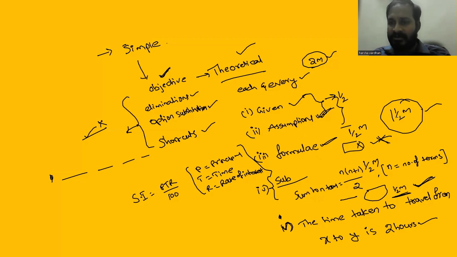Right? So there is a lot of difference between the objective and theoretical. So the students who are already prepared for the staff selection commissions, railway examinations, bank examinations, CAT examinations, all those things, completely forget about that. You should focus on this one.